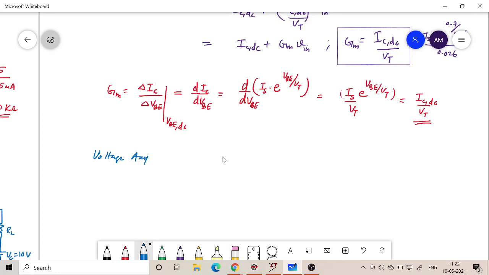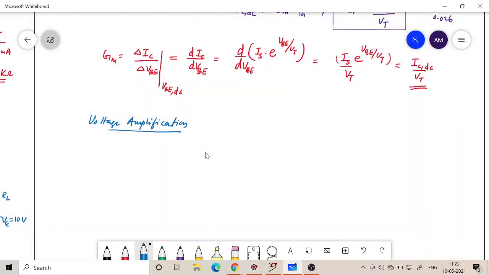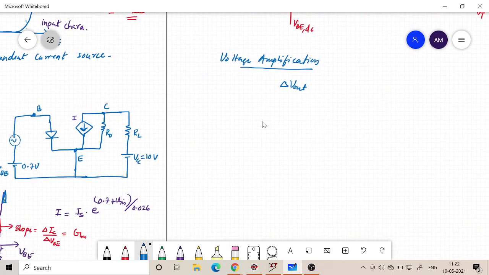Voltage amplification. So voltage amplification is given by what? It is basically delta V out. If we only apply a DC voltage source, V out will not vary. There will be no change in the output voltage, it will be a constant voltage.